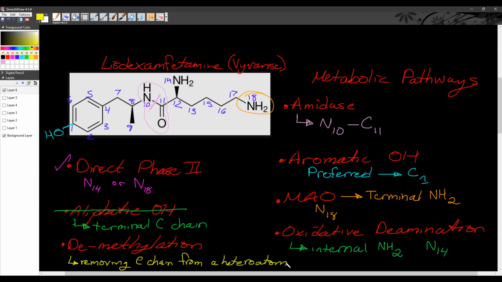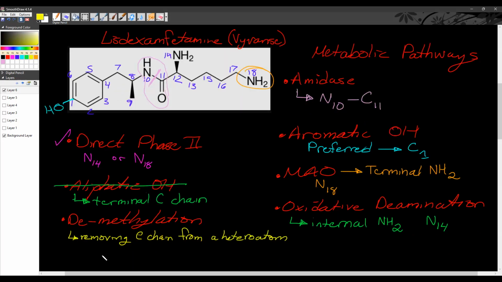And the hint here is, how do we normally label demethylation? We say O-demethylation, or we say N-demethylation, right? So we need to remove it from some sort of heteroatom.